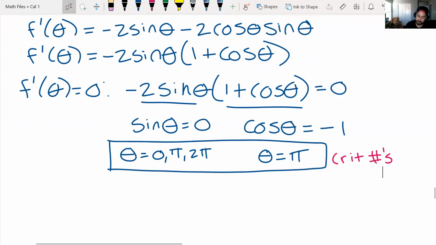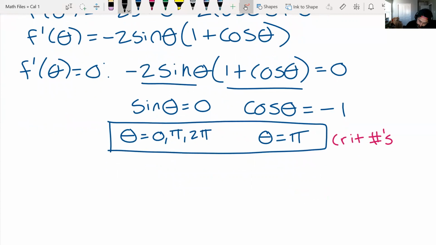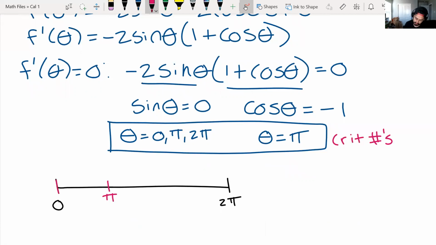Okay, sign chart time. Actually, we're given restrictions from 0 to 2 pi. Okay, let me plot my critical numbers, and it happens that 0 is a critical number, pi is a critical number, right in the middle, and 2 pi is a critical number.